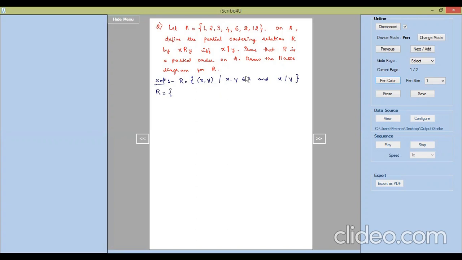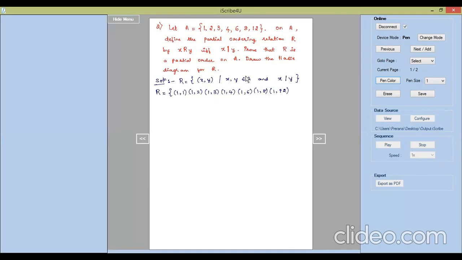So R equals, can we write down 1, 1? 1 divides 1. 1 divides 2. 1, 3. 1, 4. 1, 6. 1, 8. 1, 12.